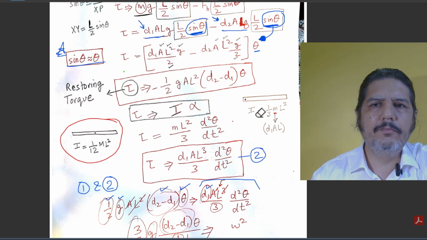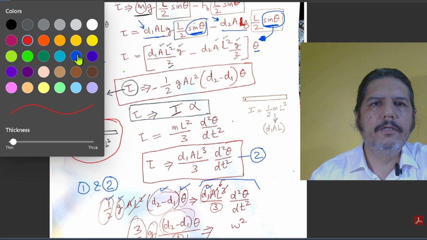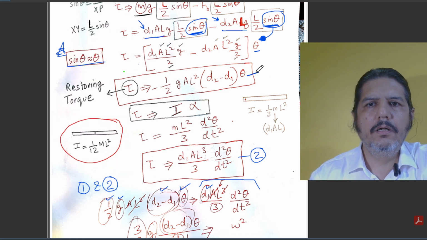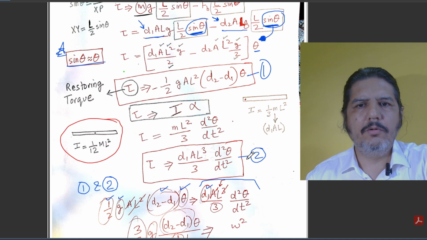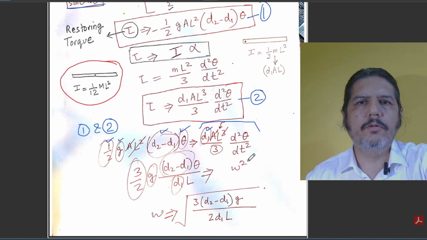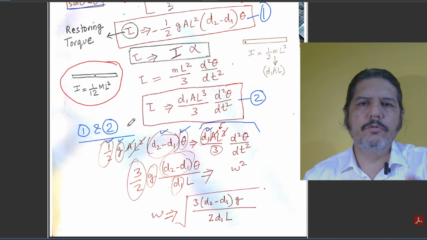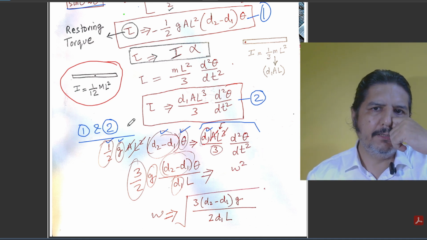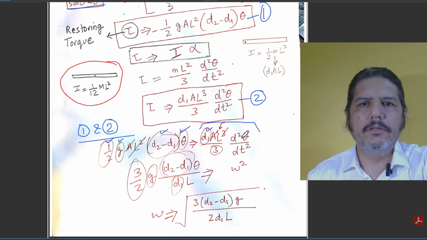Now finally I have come to this point where this is my first equation and this is my second equation, and now all I need to do is put these in front of each other, using 1 and 2, and finally find the value of omega square.